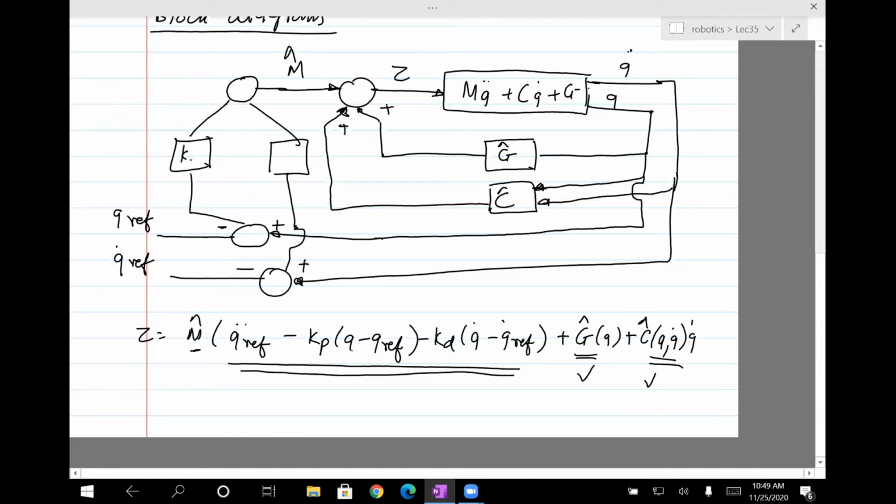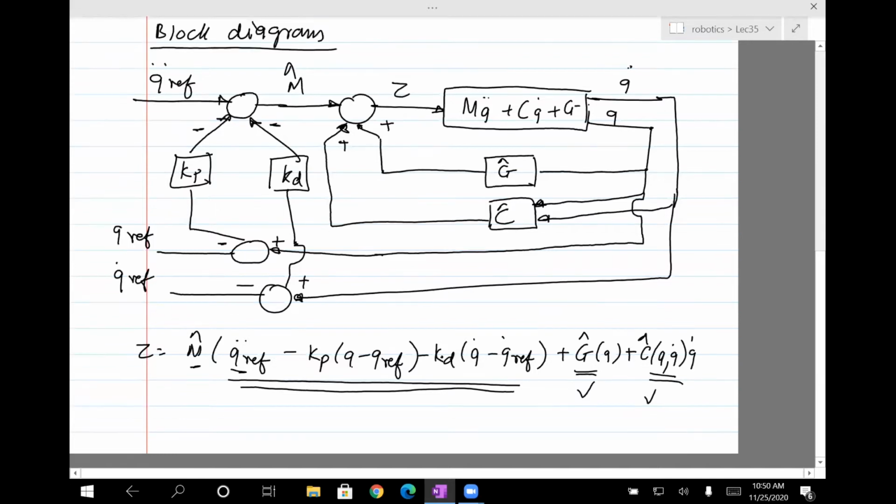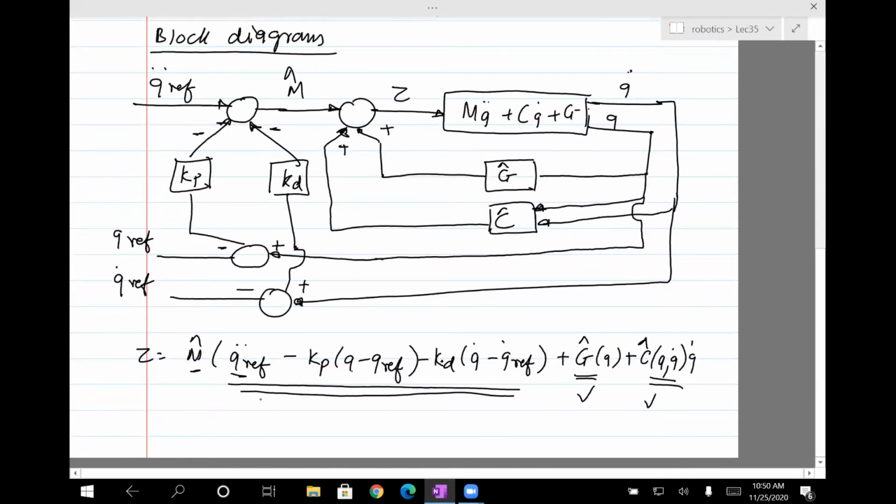Okay, kp, kd, and then the last piece, so this is going to be subtracted, so negative sign, and then subtraction, negative sign, and then finally this part is missing, which is q double dot ref. Okay, that is the block diagram for control partitioning with trajectory tracking.